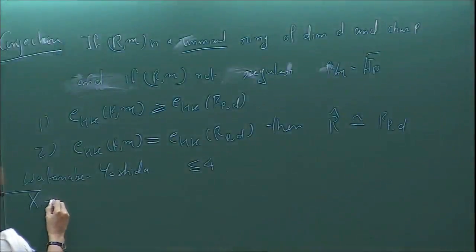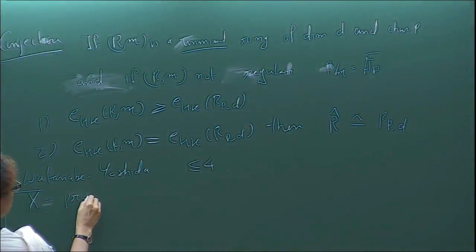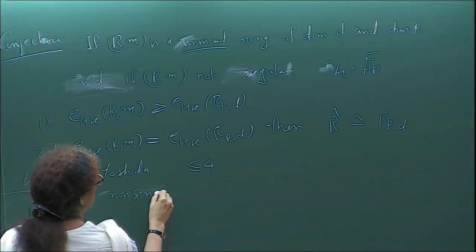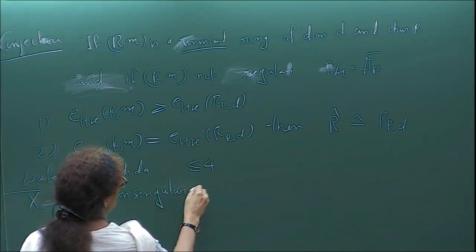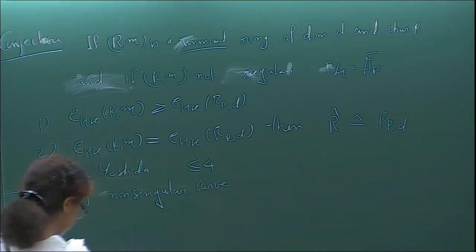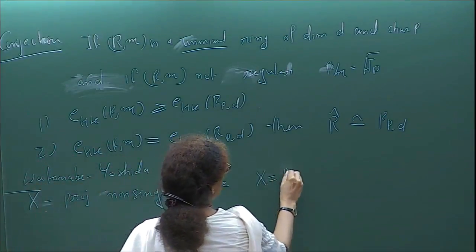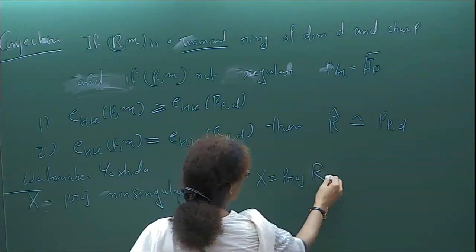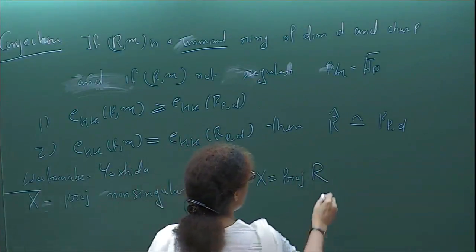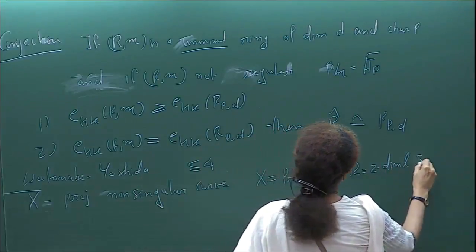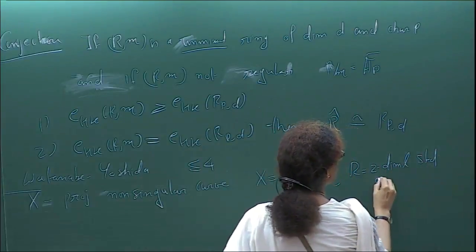Now you take a projective non-singular curve. So it's going to be Proj of some ring R, where R is two-dimensional. I assume it's a standard graded ring.